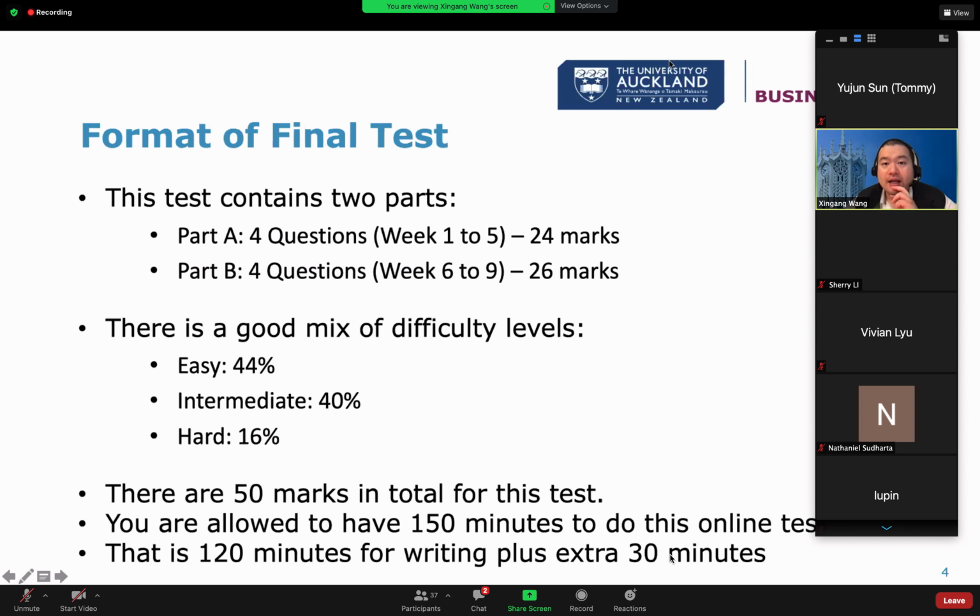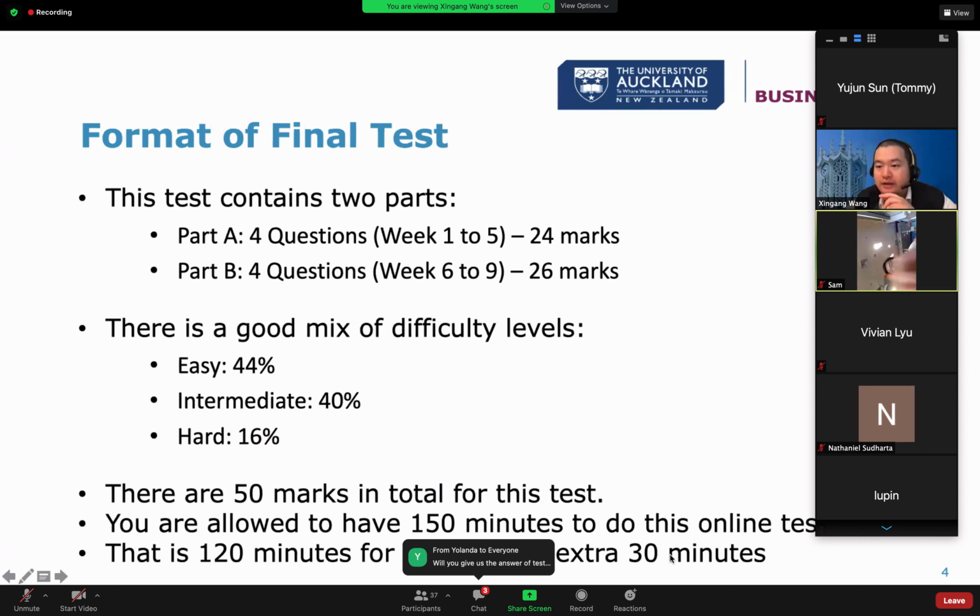That's why I don't want to make the questions too easy. If someone can mute, because it provides some noise. Okay, all right, I think it should be okay now.